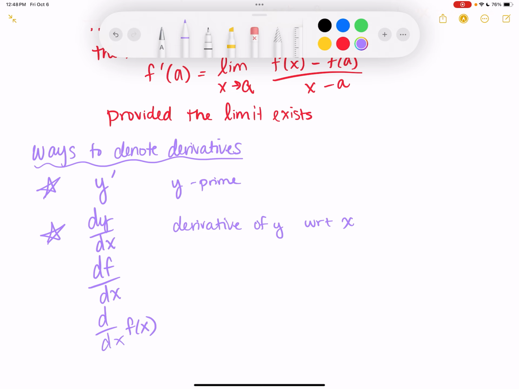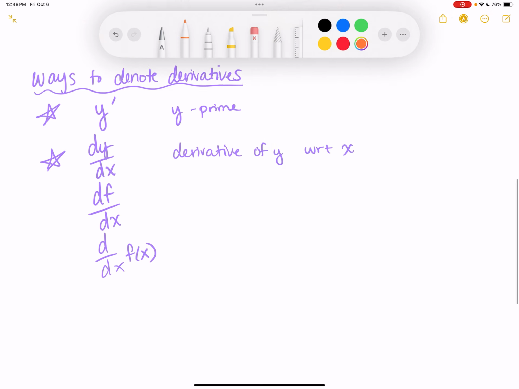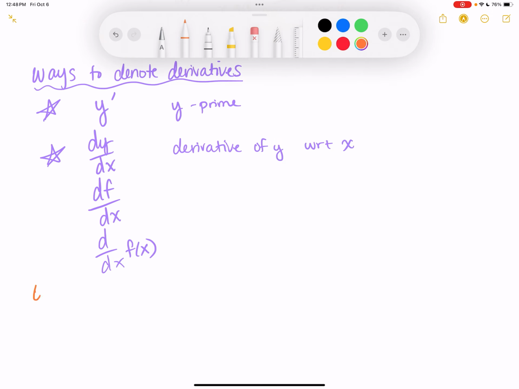And then the last note, kind of long, but not super long, is one-sided derivatives.